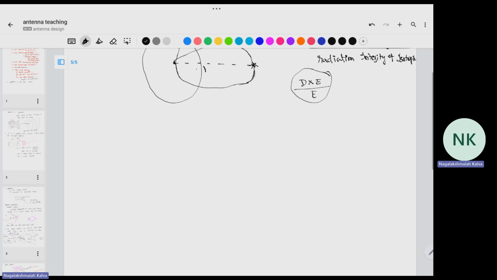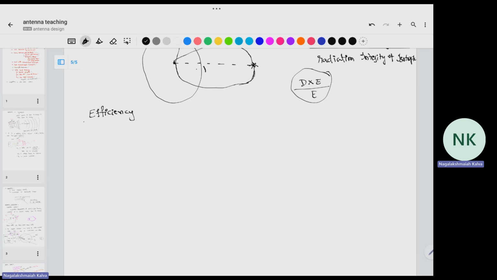The next important parameter is the antenna efficiency, which implies how effectively the antenna converts energy from one form to another form of energy.